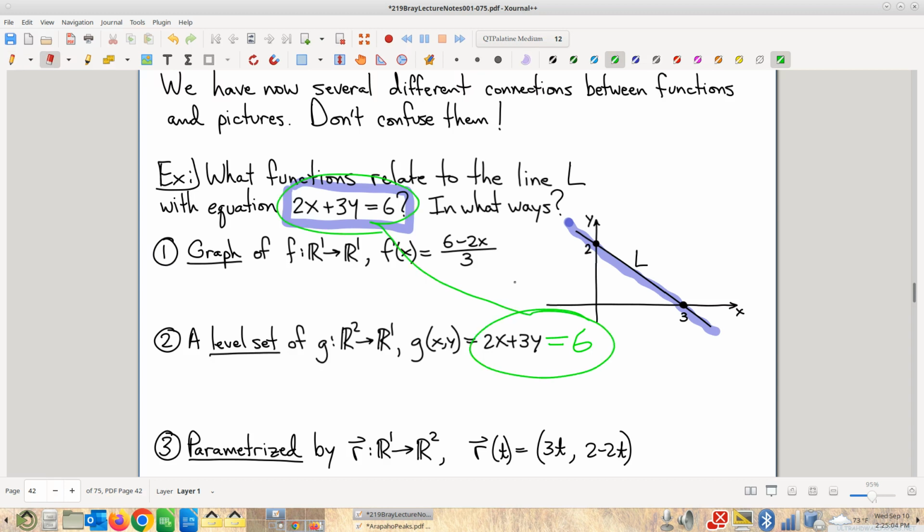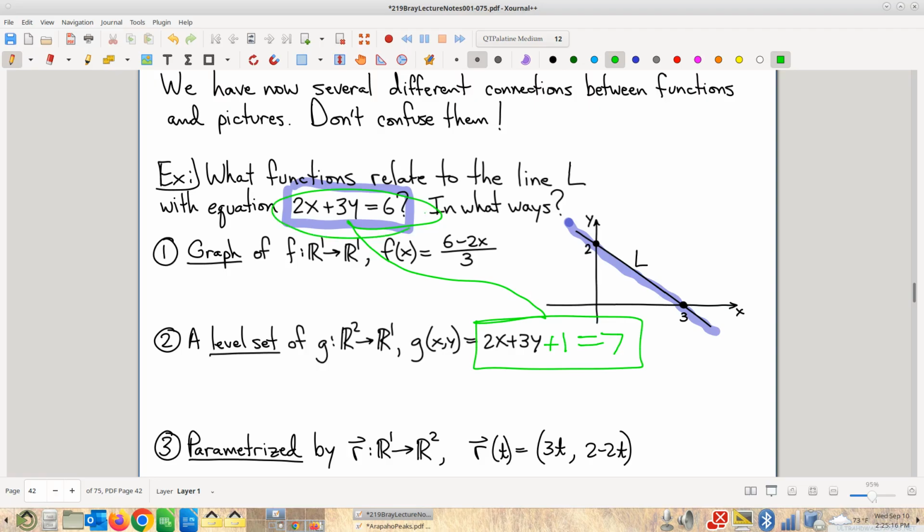All right. By the way, I could have done the following. I could have said 2x plus 3y plus 1 equals 7. And that is just as good, right? So you can use any number of different actual functions just by choosing the appropriate constant on the other side.